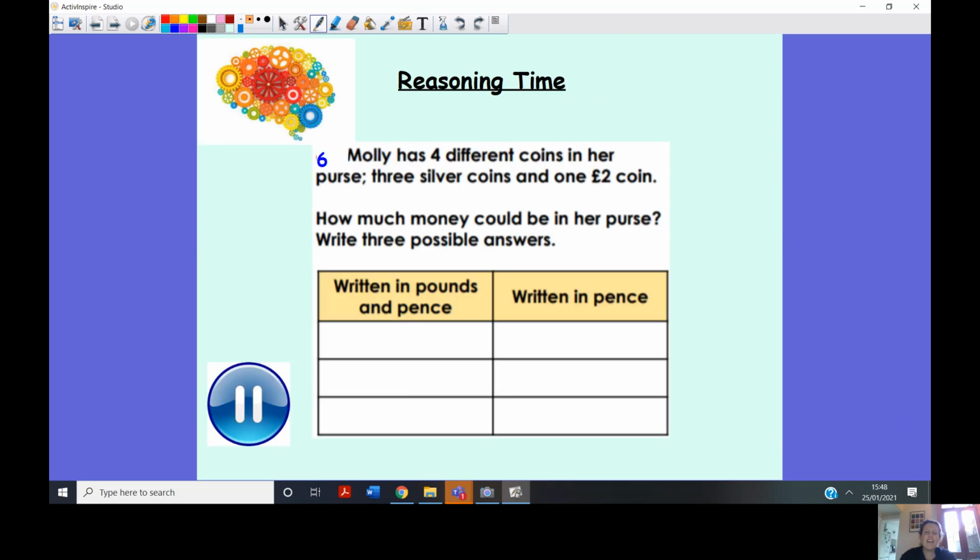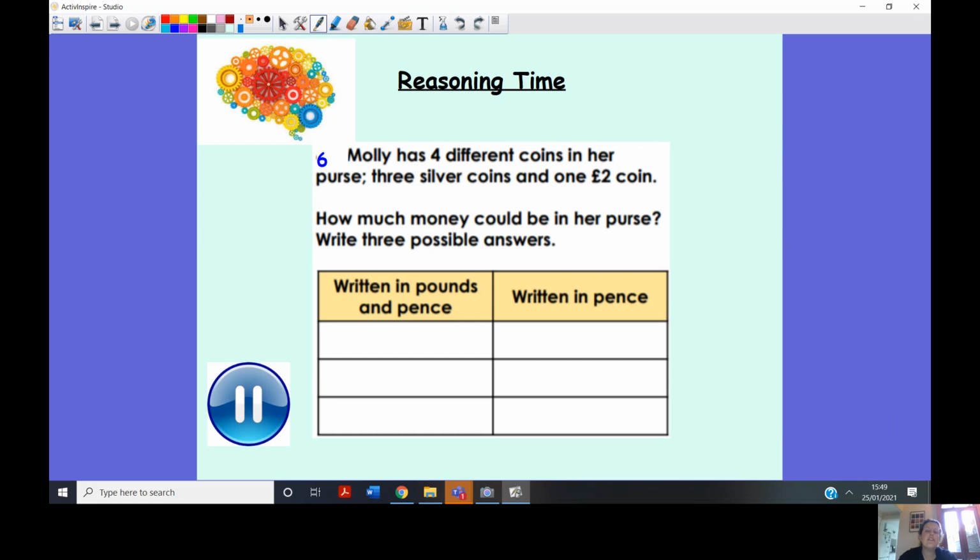Right, reasoning time. So going forward, I'm going to try and include a reasoning question in every lesson, and I'm going to use it as a worked example. So I want you to have a go independently. Once I've read through the question, have a go independently, and then if you feel happy with the answer, you can press play and see how it compares, and I'll talk through how you get to your answer.